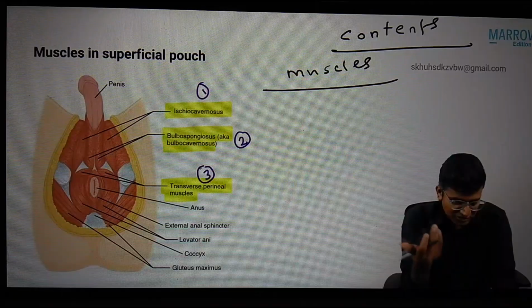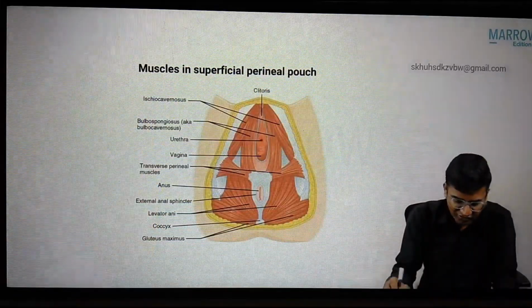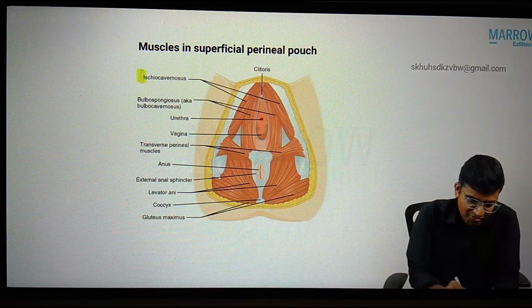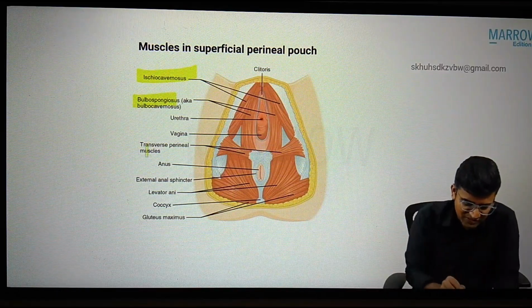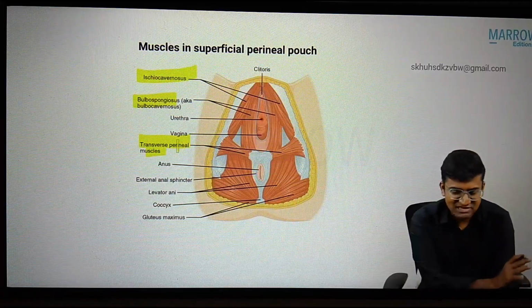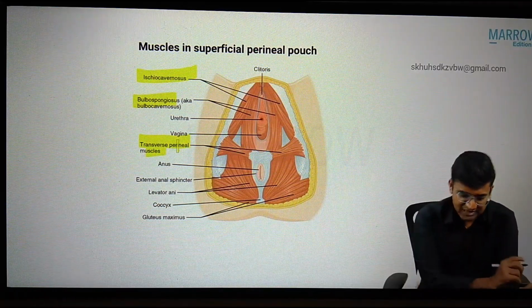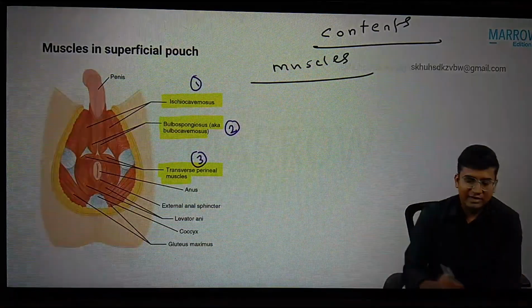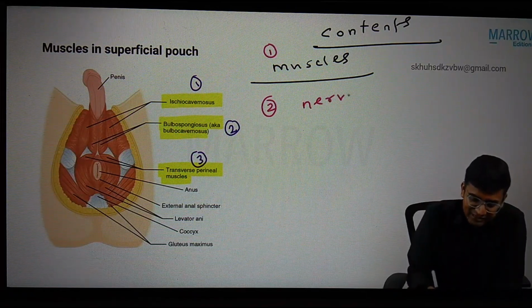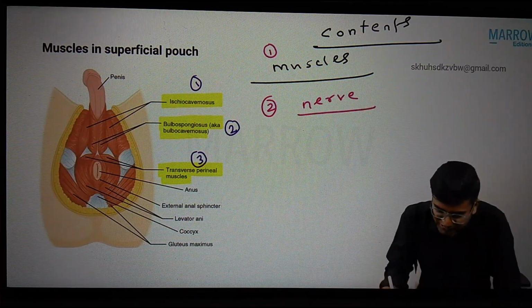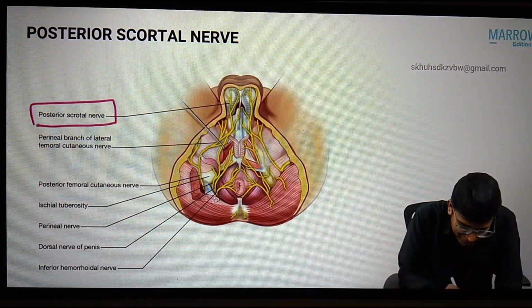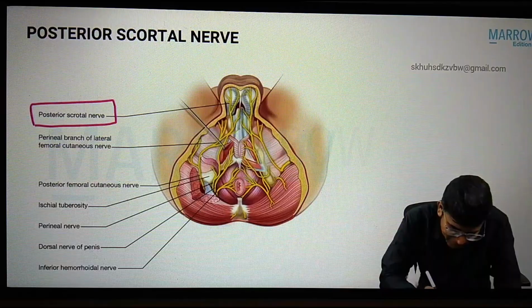In male, these are the three muscles. What about female? Female also has the same three muscles: ischiocavernosus, bulbospongiosus, and superficial transverse perineal muscle. Same muscles in male and female. Next, nerve: the posterior scrotal nerve is present in the superficial space.